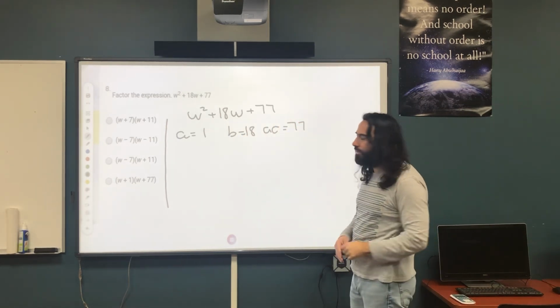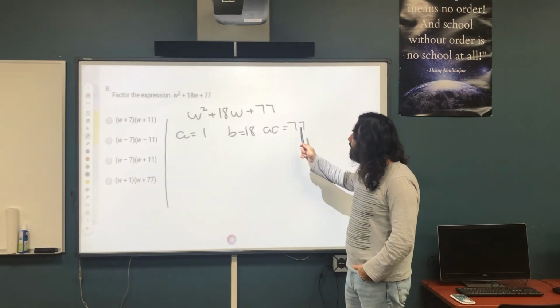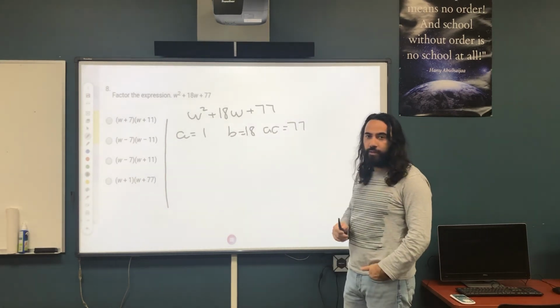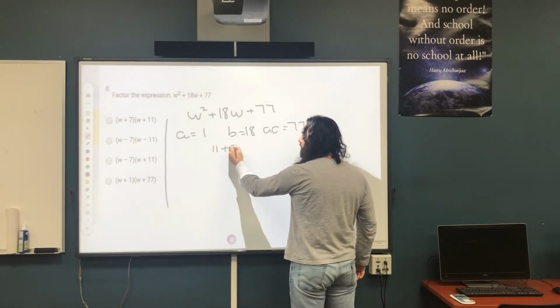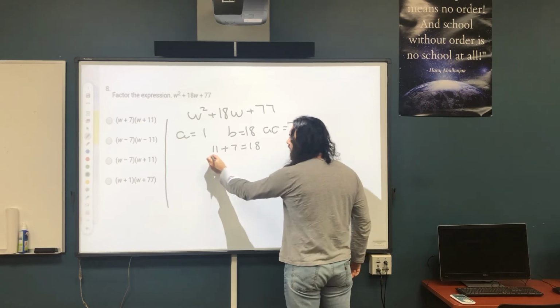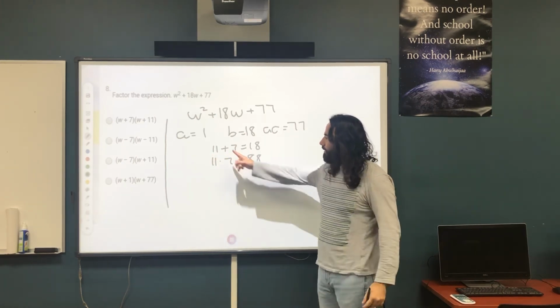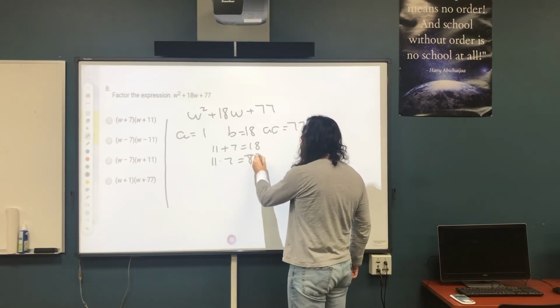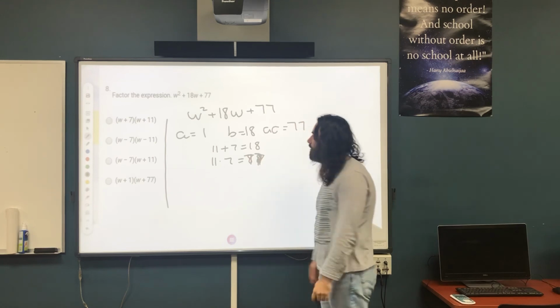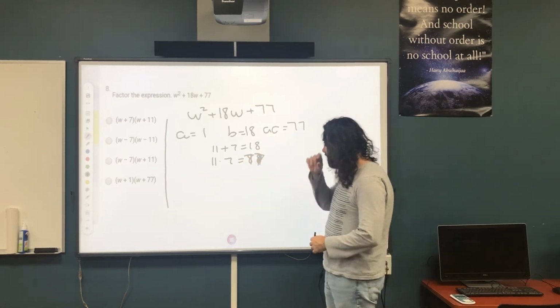The question is, find two numbers. If you add them, you get 18, but if you multiply them, you get 77. Of course, it's 11 plus 7 equals 18, and 11 times 7 equals 77.